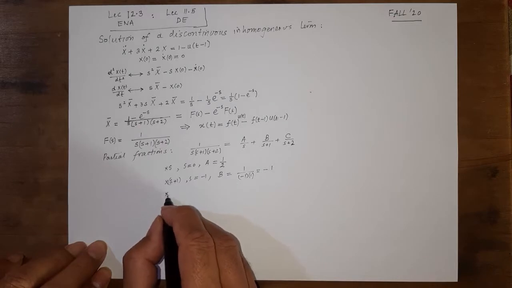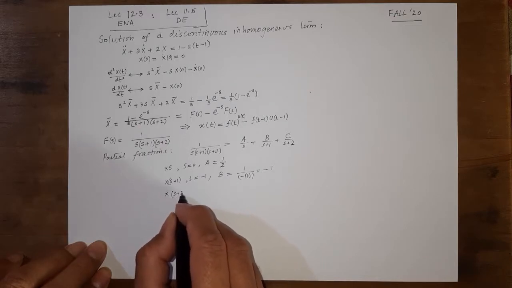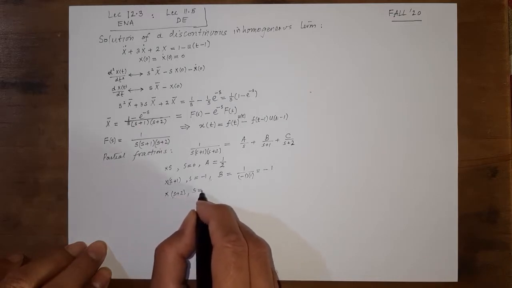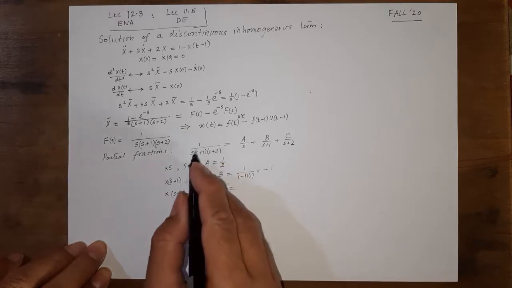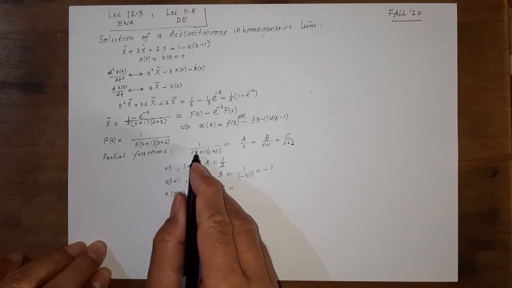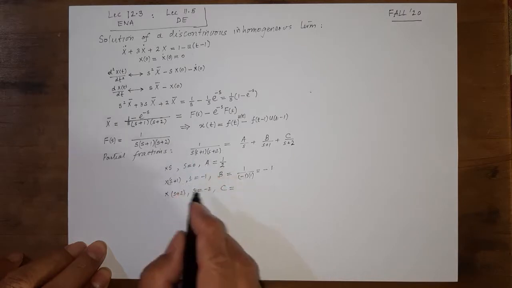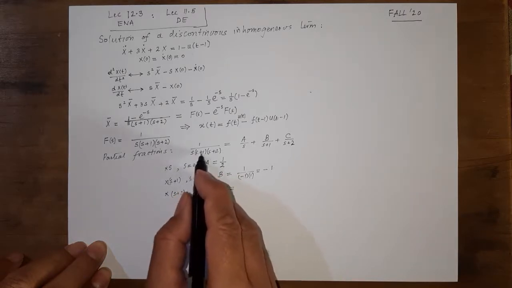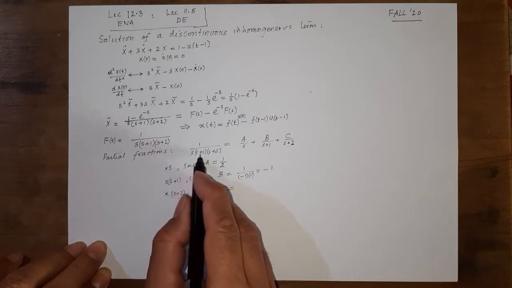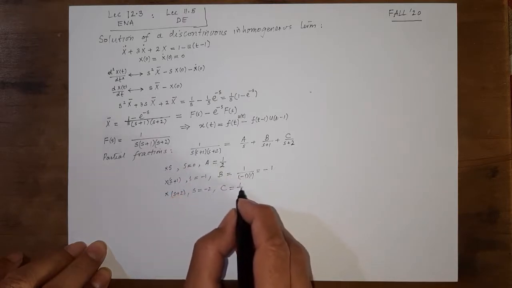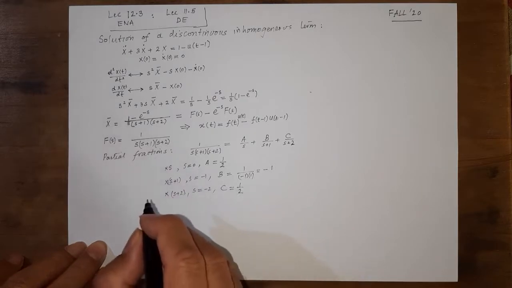And if we multiply by s plus 2 and put s equal to minus 2, we get C is equal to 1 over (minus 2)(minus 2 plus 1), which is minus 1, and we get minus 2 here, so we get 1 by 2.